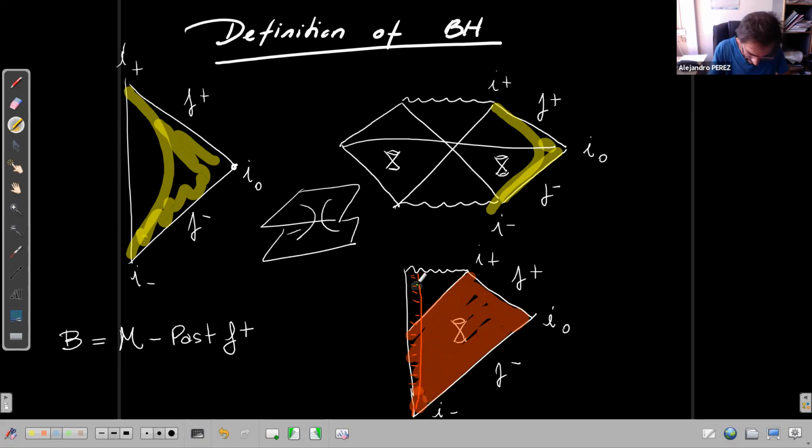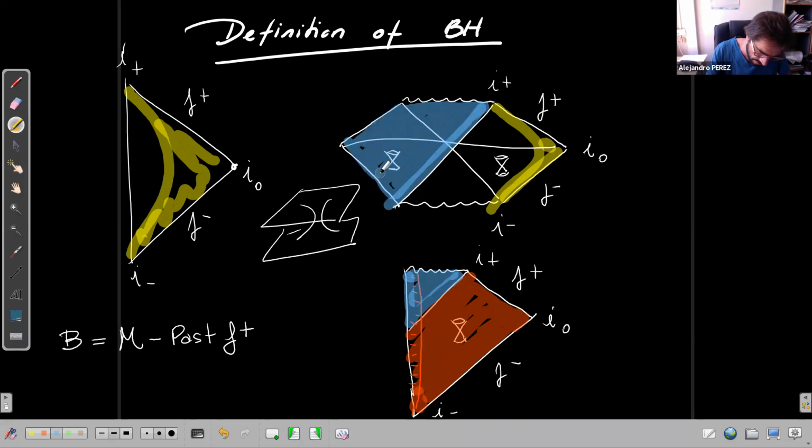The black hole region is therefore, in this case, what remains outside the past of scri plus. So with this definition, you would call black hole all this blue region here that is outside the past of scri plus.